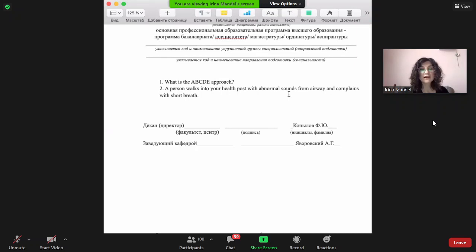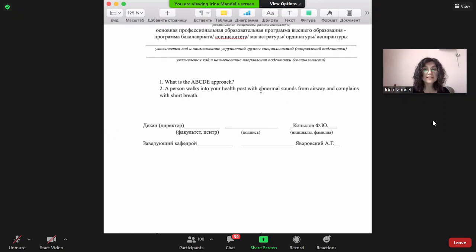Another point: you can notice the complaint of short breath could be pneumothorax or pulmonary embolism. But both of these diagnoses are not connected with abnormal sounds.